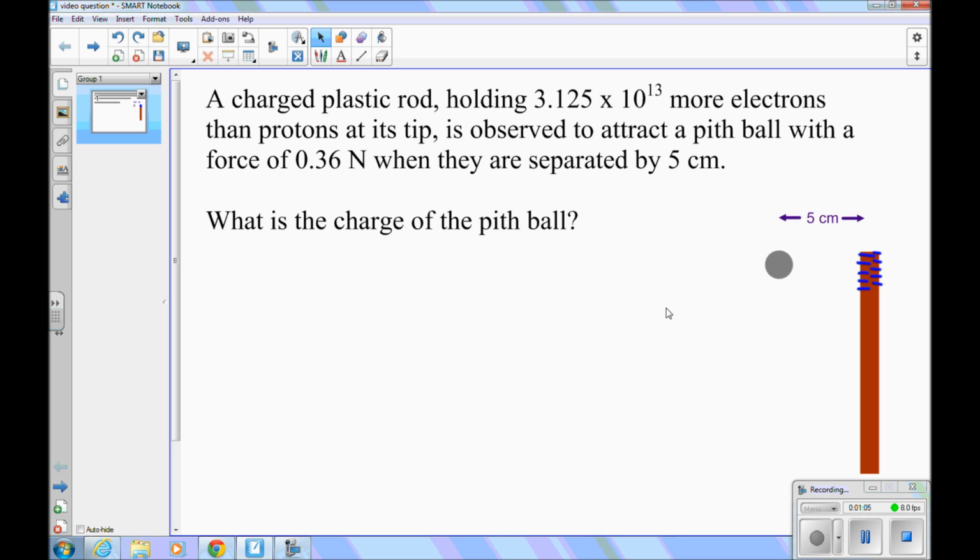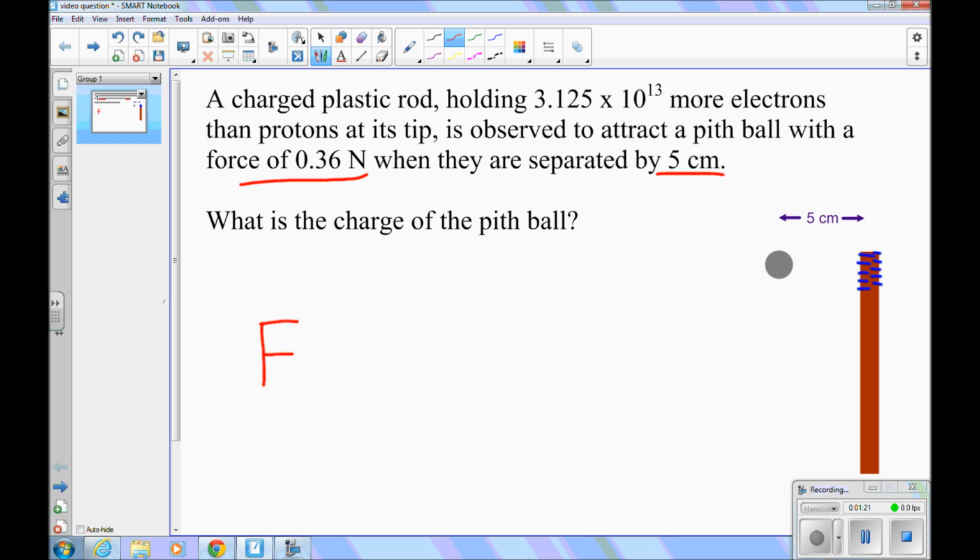And they're 5 centimeters apart, so using this amount of force and this 5 centimeter distance between them, I could look at that relationship with Coulomb's law.